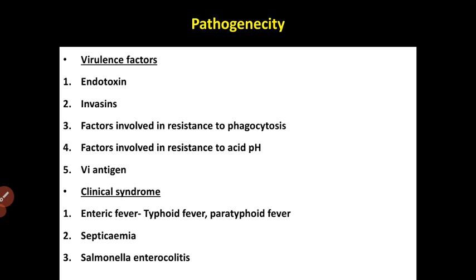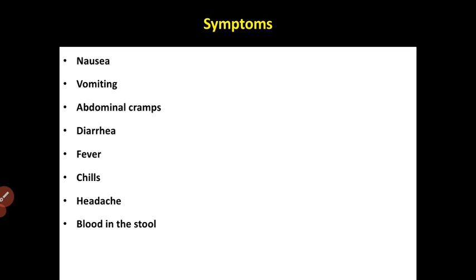Now, going ahead, clinical syndromes or symptoms. Enteric fever, typhoid fever or paratyphoid fever, septicemia, third is Salmonella enterocolitis. Now symptoms. Nausea, vomiting, abdominal cramps, diarrhea, fever, chills, headache, blood in the stool.